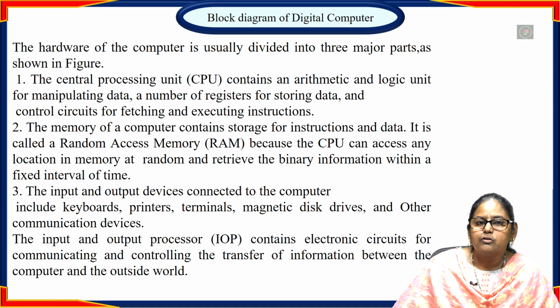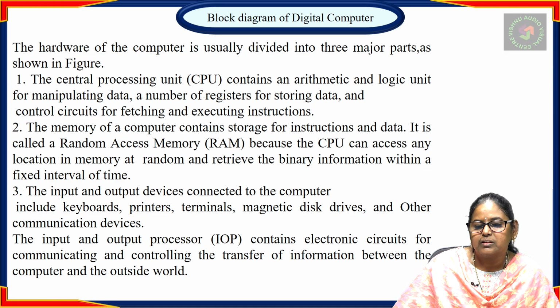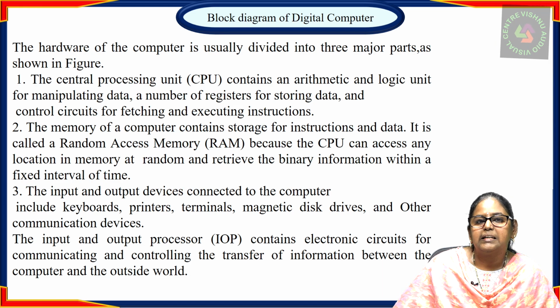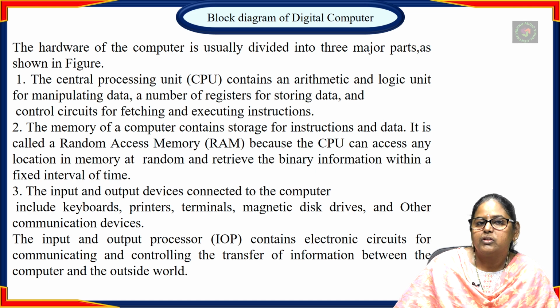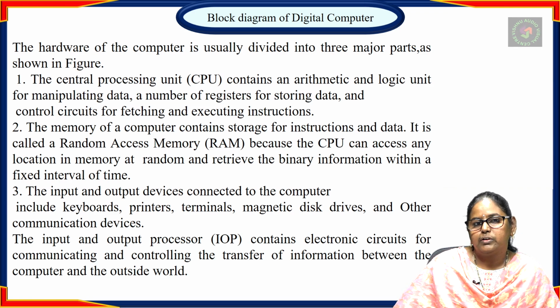We also have a set of registers for storing the data, and the control unit, which is used for fetching and execution of instructions. These three constitute the CPU: inside the CPU we have the ALU, a set of registers, and the control unit.